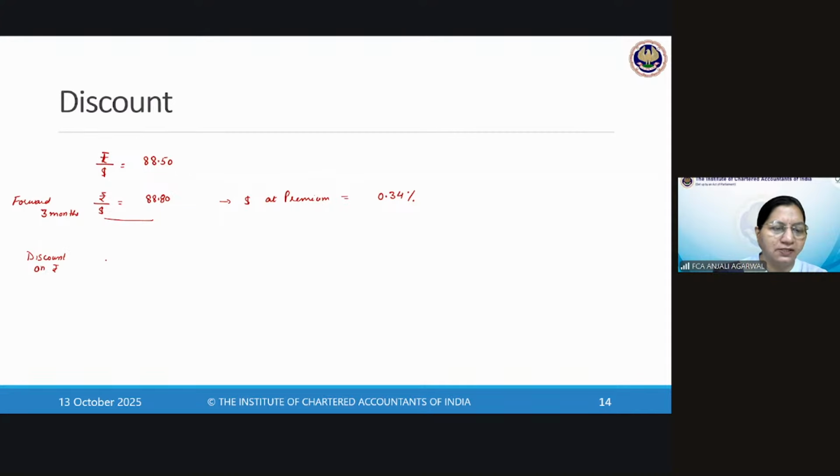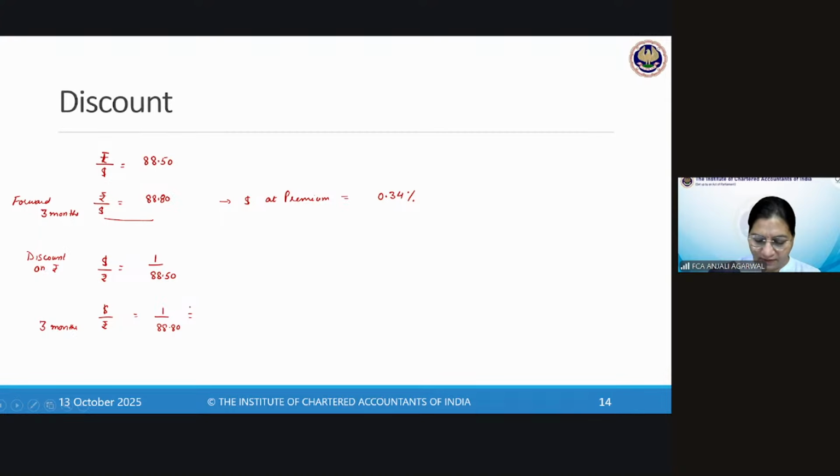One way, for explanation: dollar by rupee was 1 upon 88.5, the inverse quote, and dollar by rupee after 3 months is 1 upon 88.80.